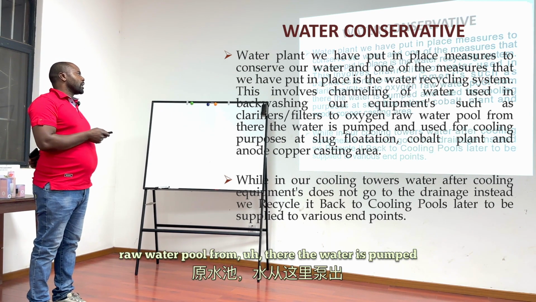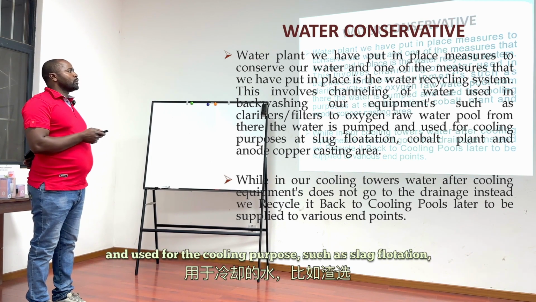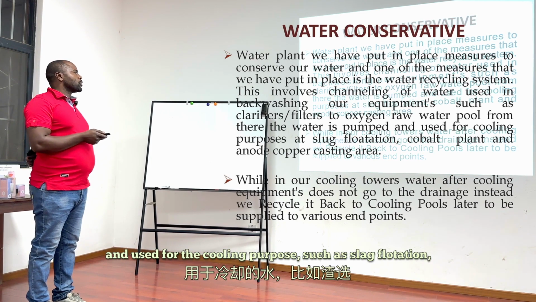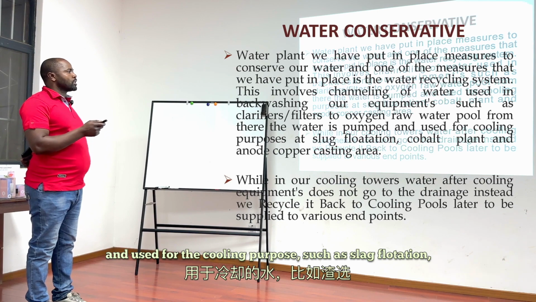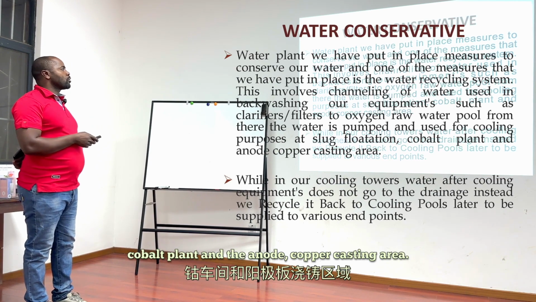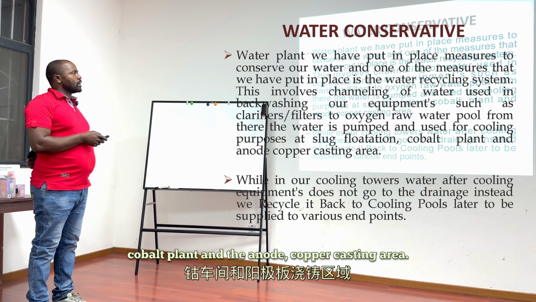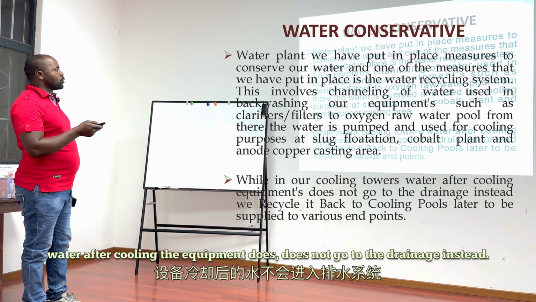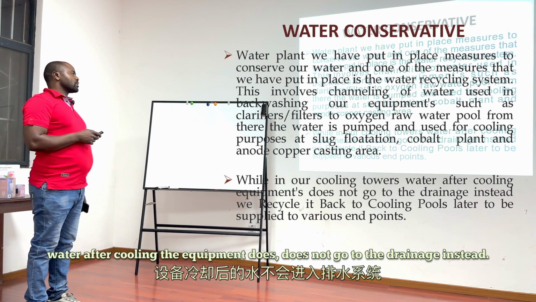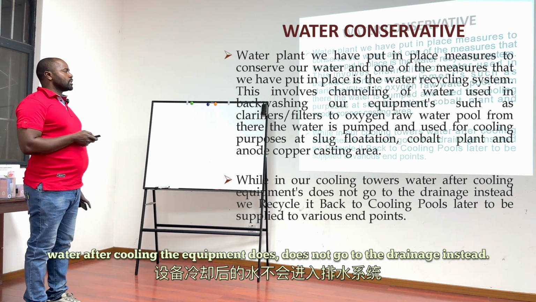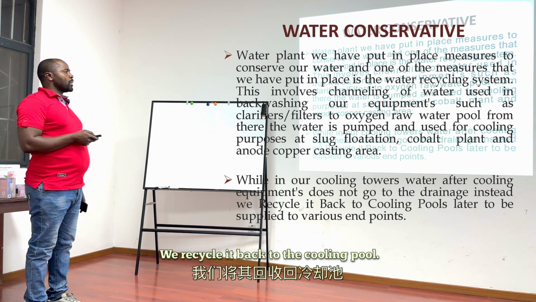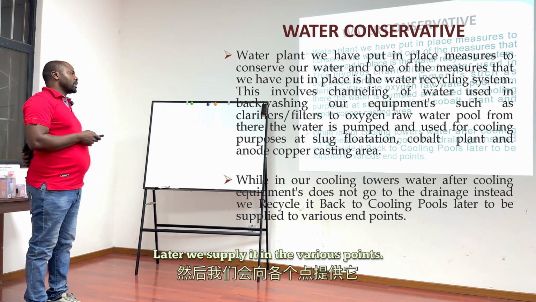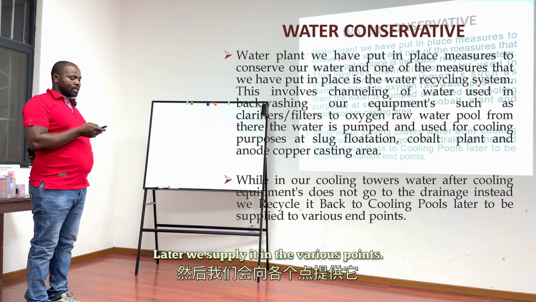From there the water is pumped and used for cooling purposes such as slag flotation, the cobalt plant, and the anode copper casting area. In our cooling tower, water after cooling the equipment does not go to the drainage. Instead, we recycle it back to the cooling pool. Later, we supply it to the various points.